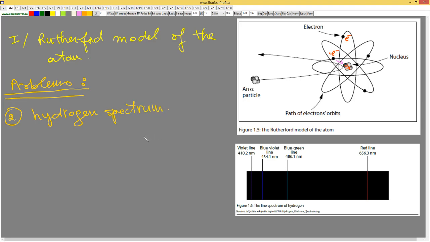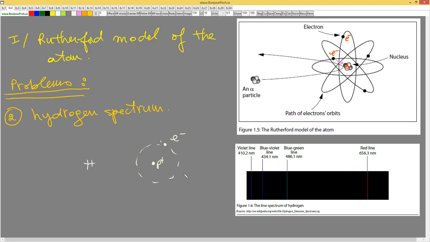What does spectrum mean? What does hydrogen spectrum mean? We just said that because the electrons are moving, they have to radiate. They must give light. So if we look at the Rutherford model, we have a problem here, because, for example, hydrogen has one proton and one electron.